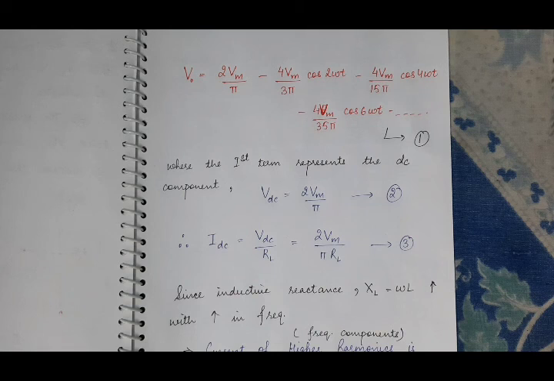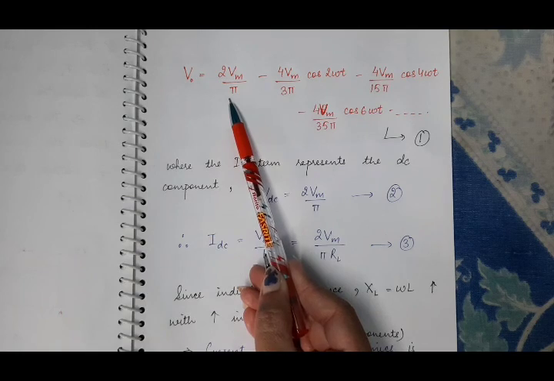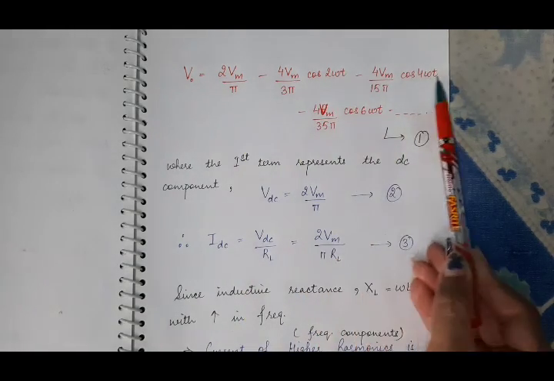As you can clearly see, in this equation number 1, which is the output of the L filter, this 2 Vm by pi is the value of VDC. So the first term in this equation represents the DC component, while all other components contain the frequency.